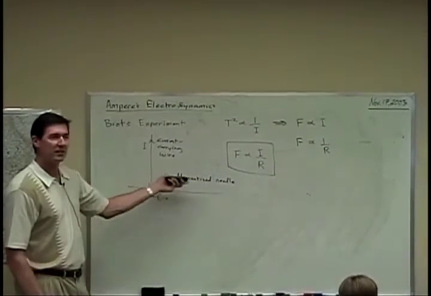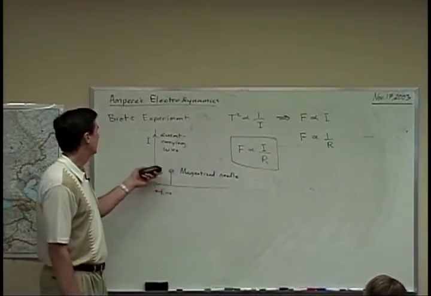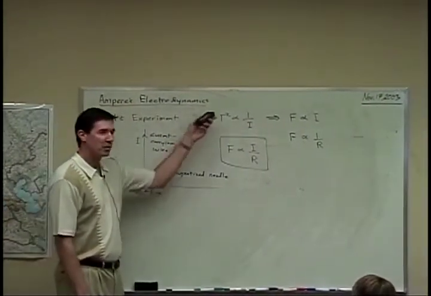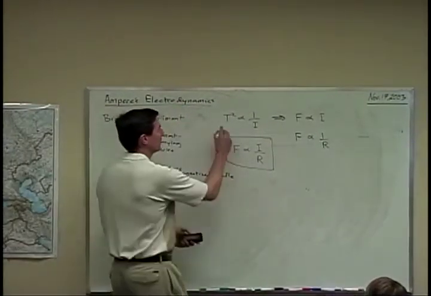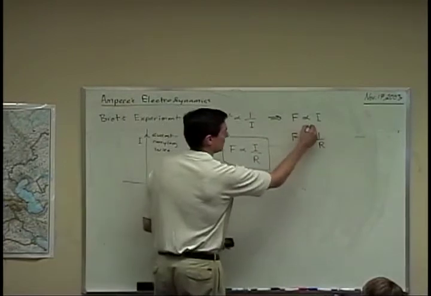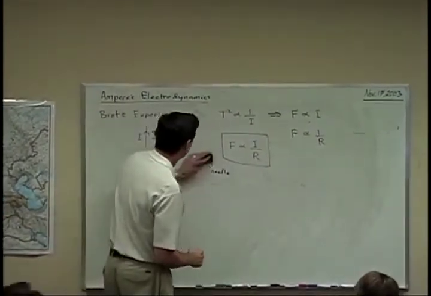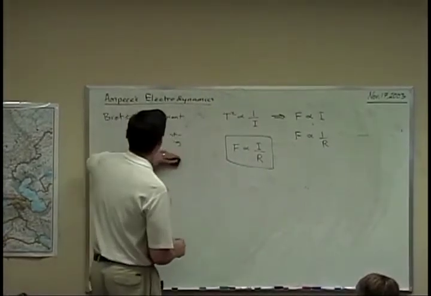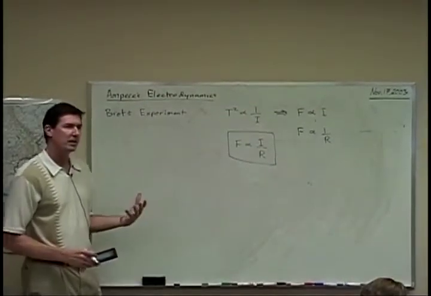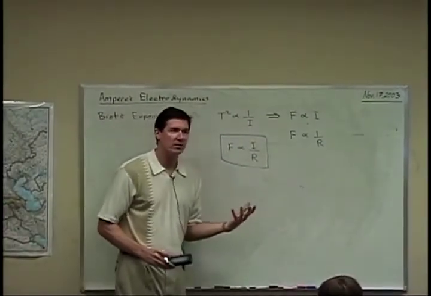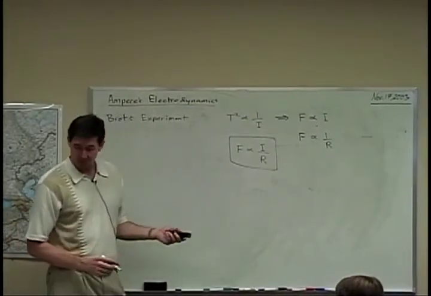In a way, this is somewhat indirect, because you have to start with the law of pendulums and then go through the math that takes you from this to this. There's another possible way that you could show the dependence of these magnetic forces on current and distance, a more direct way.